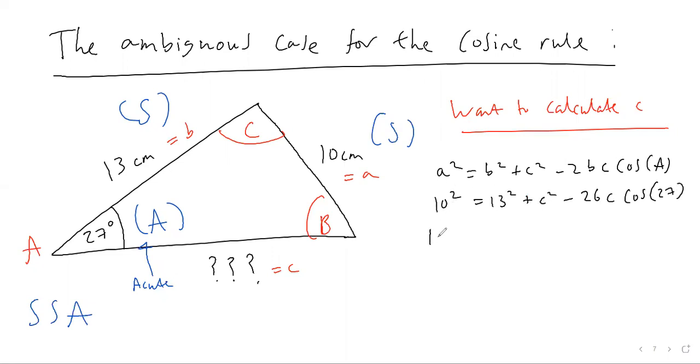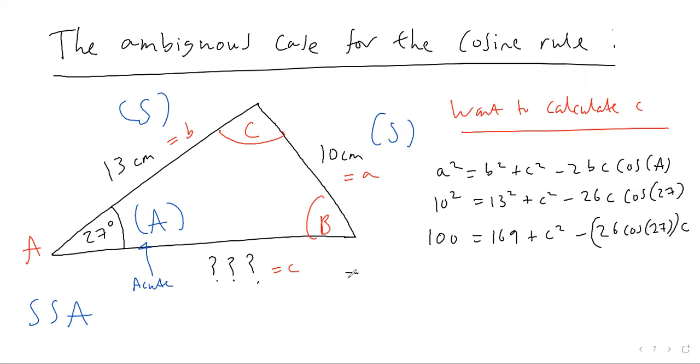Now we're going to get an equation. If we just do 10 squared, that's 100. 13 squared should be 169. And then plus c squared minus 26. I'm going to write this the other way around, so instead of writing the c first, I'm going to write the cos 27 first. So cos 27 times c. Basically, this number, 26 cos 27 times c there.